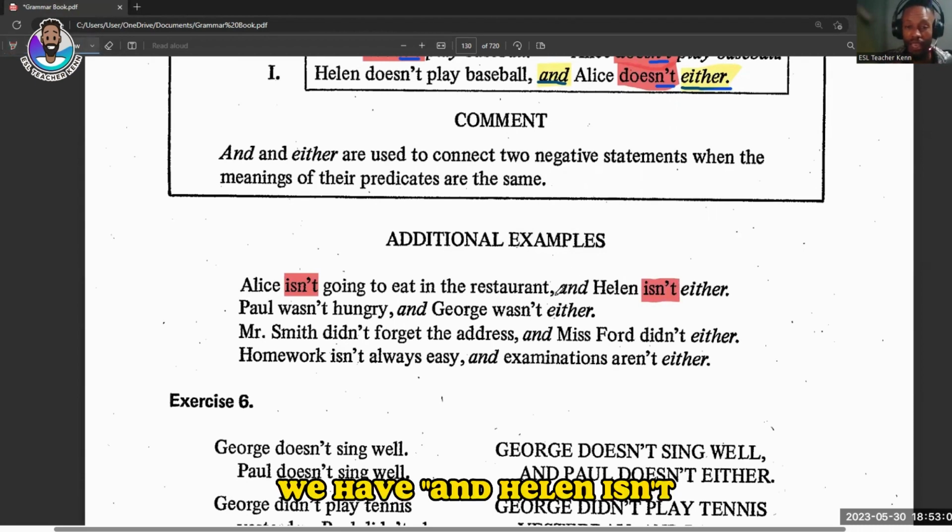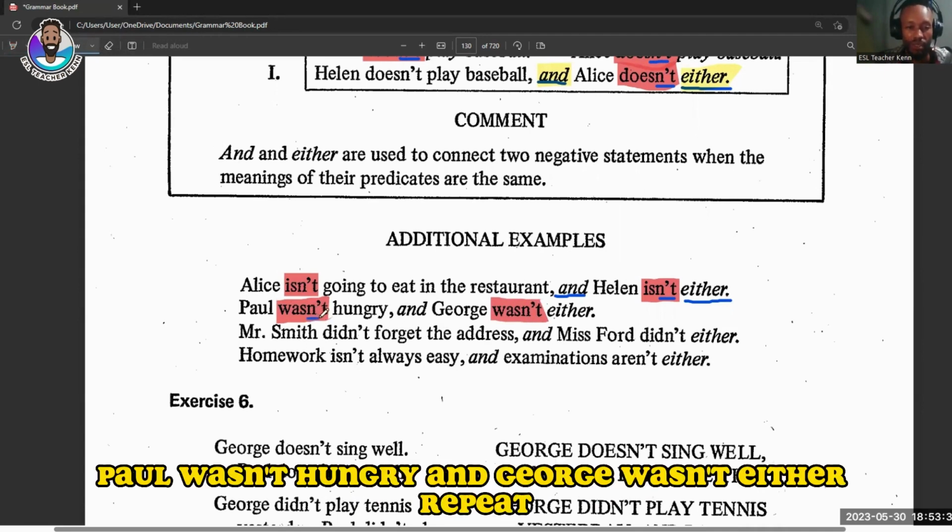We have and Helen isn't either. Paul wasn't hungry, and George wasn't either. Paul wasn't hungry, and George wasn't either.